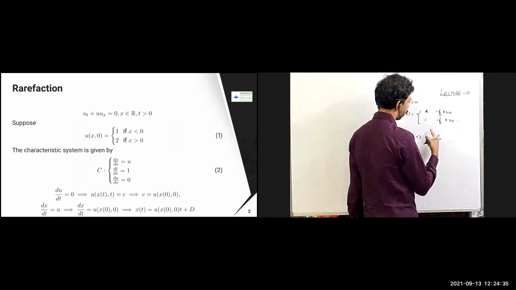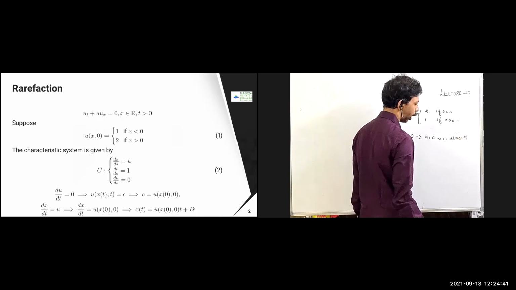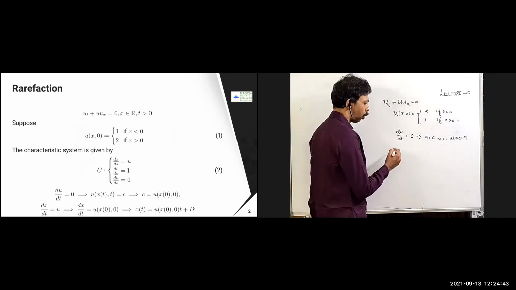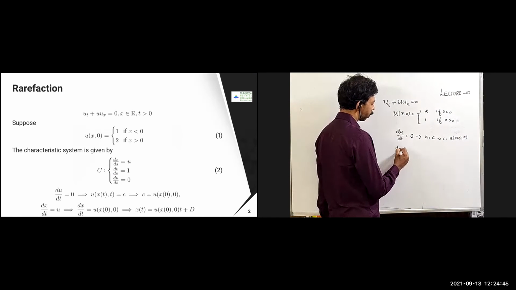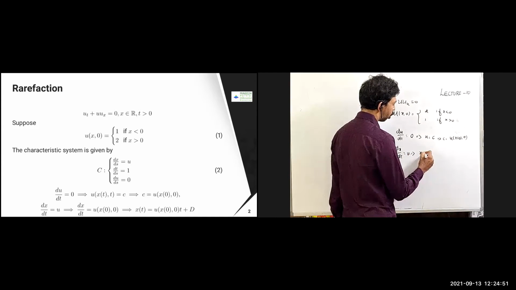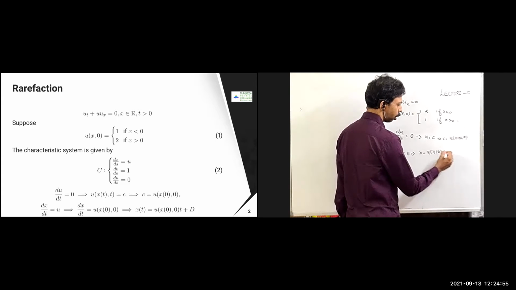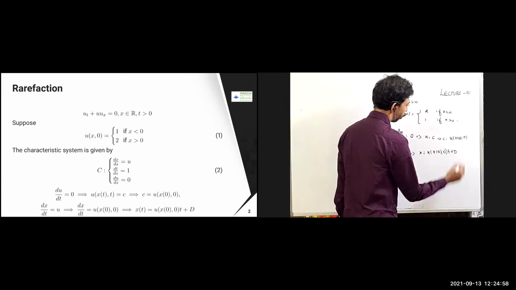I can put any constant c, but I have the initial condition, therefore it is going to be u of x of 0 comma 0. Okay, now again dx by dt equal to u. So therefore you are going to have x is equal to u of x of 0 comma 0 into t plus x naught.